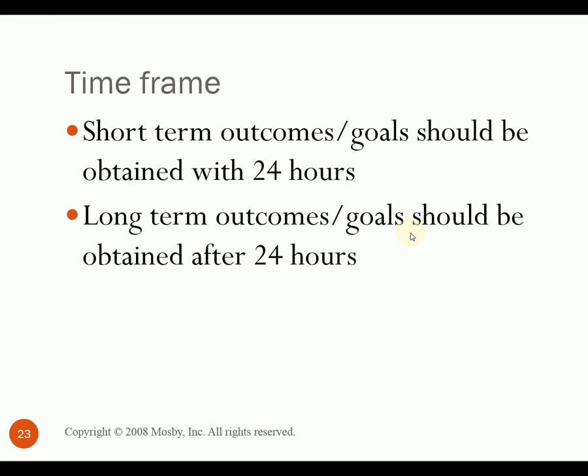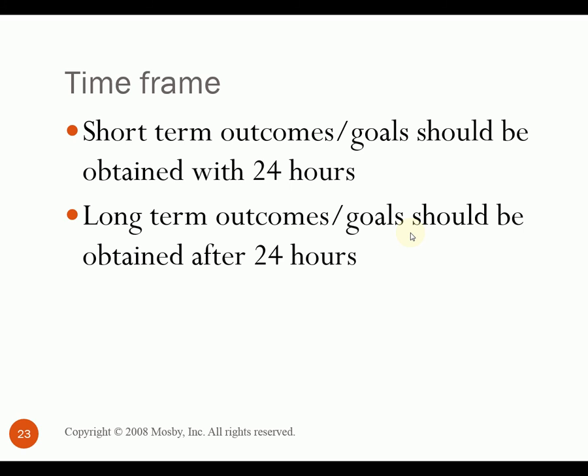So we've talked a lot about time frames. These are what we consider time frames for short-term and long-term goals. Short-term goals should be obtained within 24 hours, and long-term goals are those that are set for after 24 hours. There are a lot of times that your goals are going to be long-term goals that you cannot possibly expect your patient to reach in the length of time they're in the hospital.